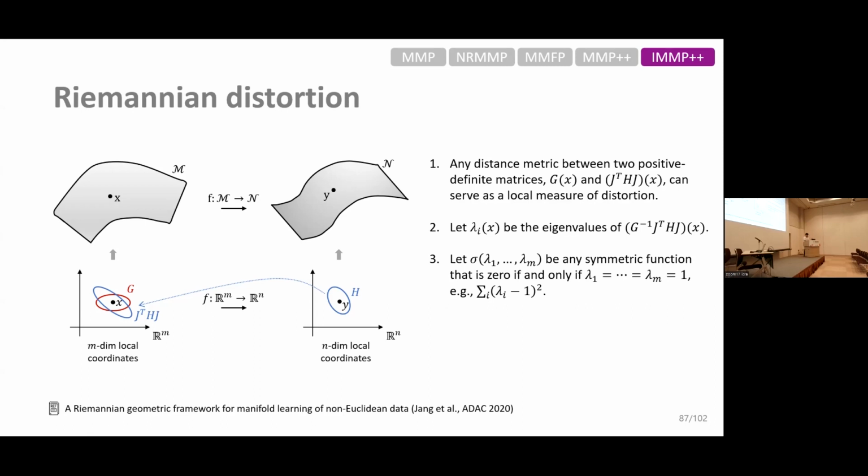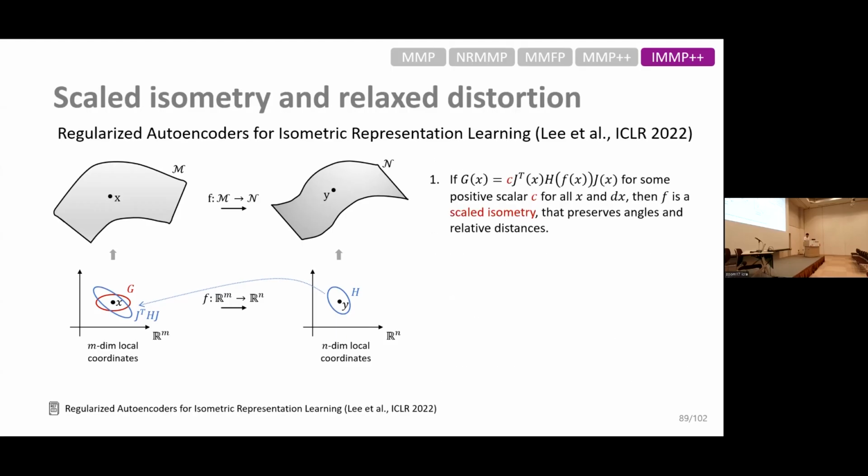So we can consider any symmetric function sigma that is 0 if and only if all the eigenvalues are equal to 1. Integrating sigma over some positive measure mu leads to a coordinate invariant global geometric distortion measure.